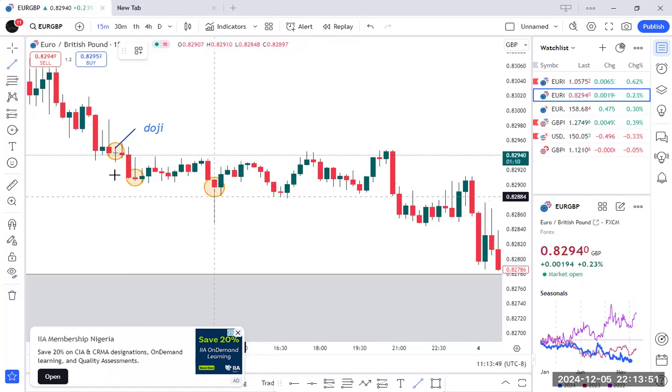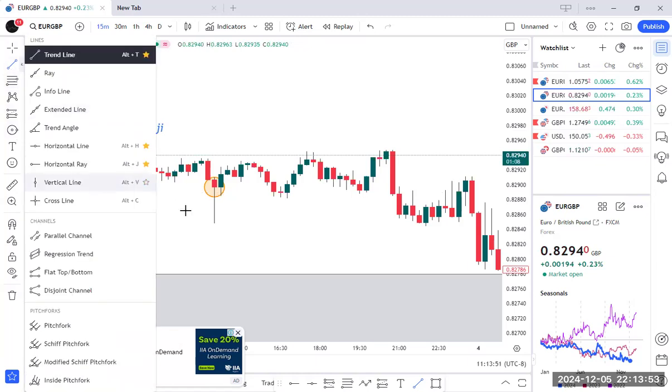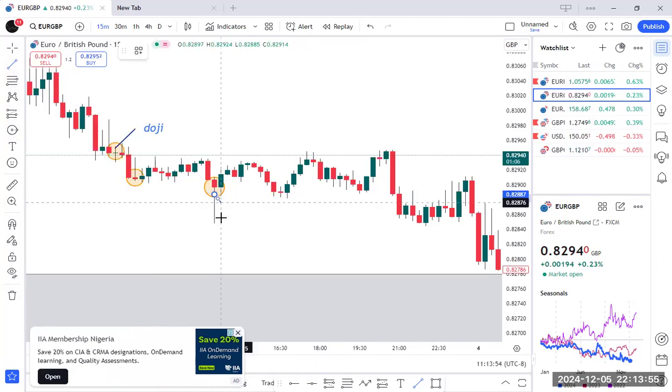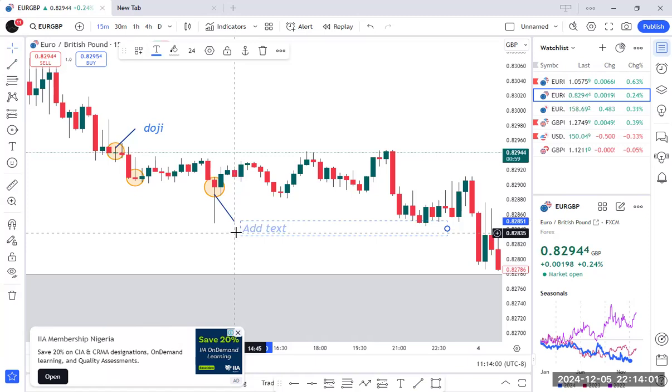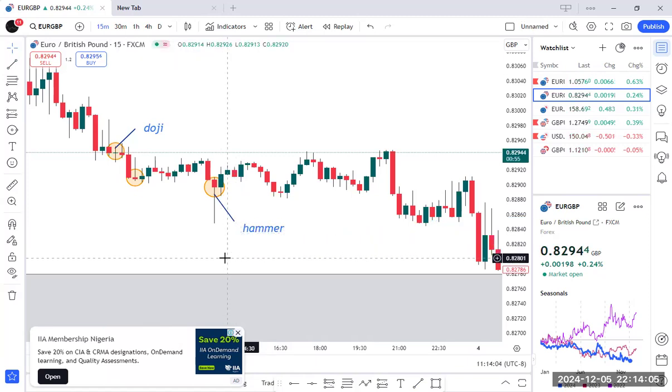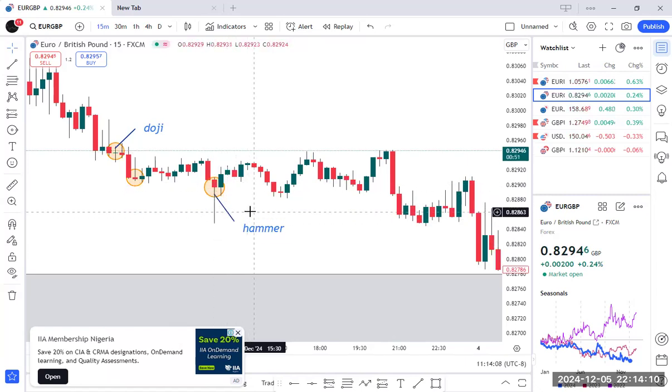So this is a hammer candlestick. This is a hammer candlestick. It's like the normal hammer that we know for hitting, only this is a red candlestick. This is a hammer. So the color of the hammer doesn't really matter at all, whether it's red or green.